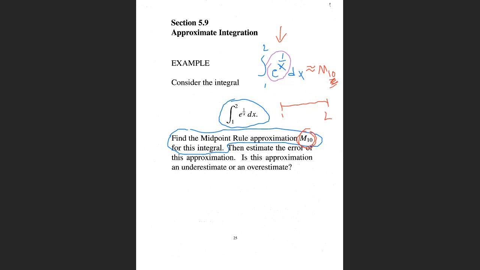Let me give you a hint here. I'm underlining the answer. M sub 10 means midpoint rule with 10 subintervals. So from 1 to 2, I have to break this up into 10 subintervals.